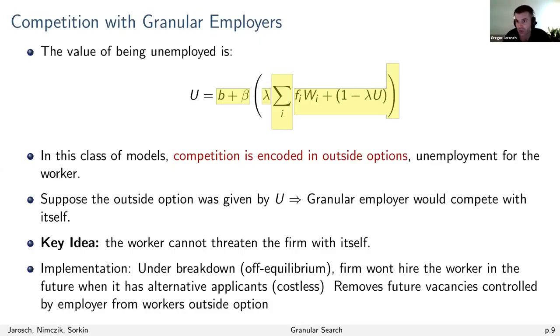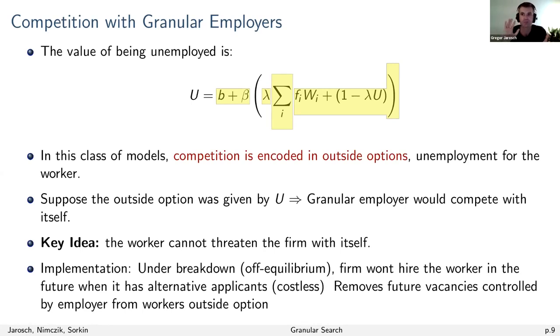How are we going to do it? I don't want to get into too much detail, but effectively, the firm credibly pledges that on the off equilibrium path, where the worker turns around and walks out the door, in that event the firm will close its door to the worker in the future.